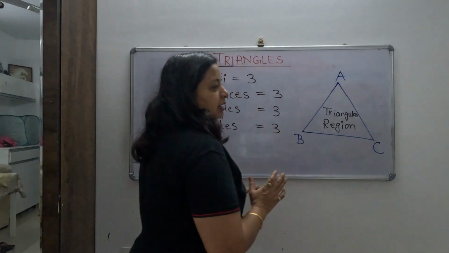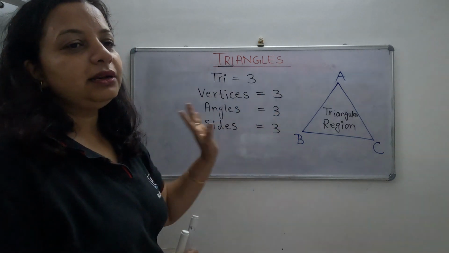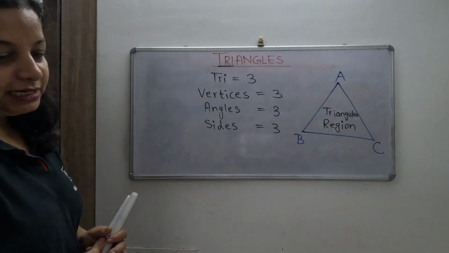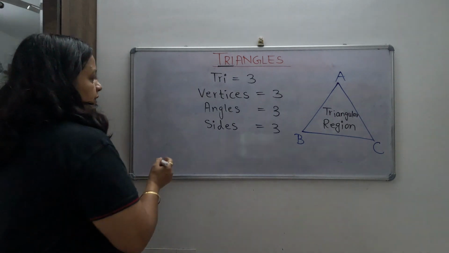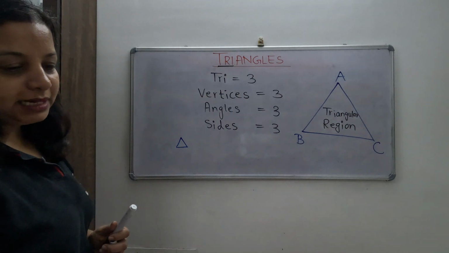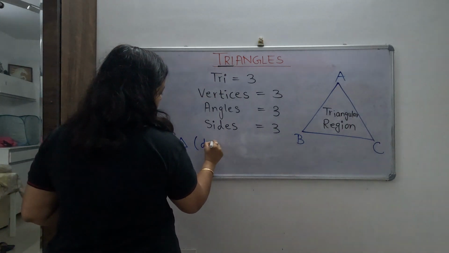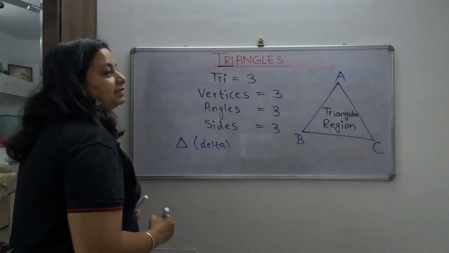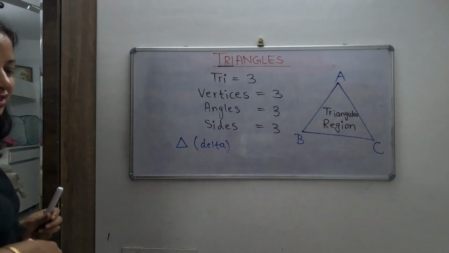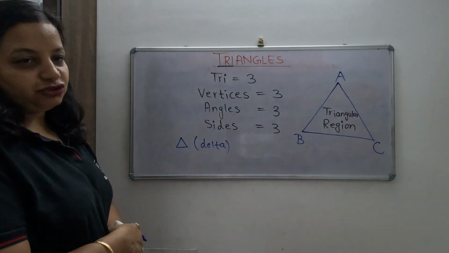We can use the symbol of the triangle, which is this. The triangle symbol is read as delta. What will you read it? Delta. So in place of the word triangle, we will use this symbol for triangles.